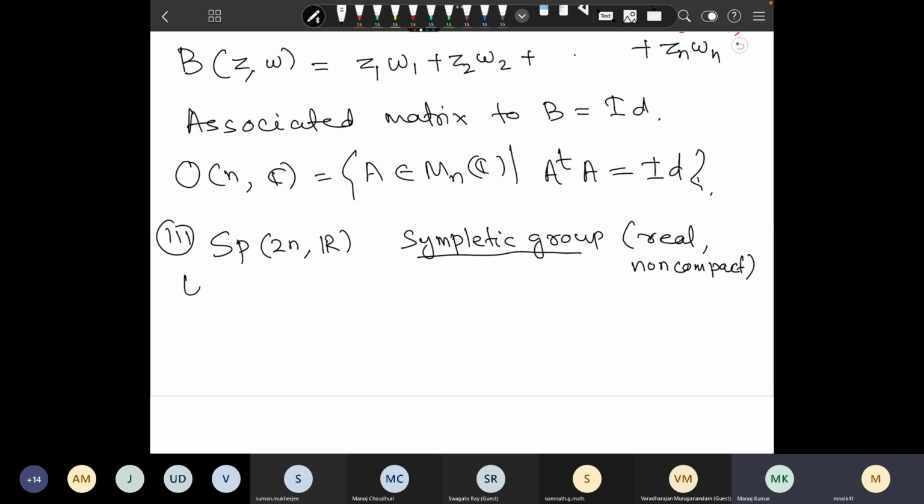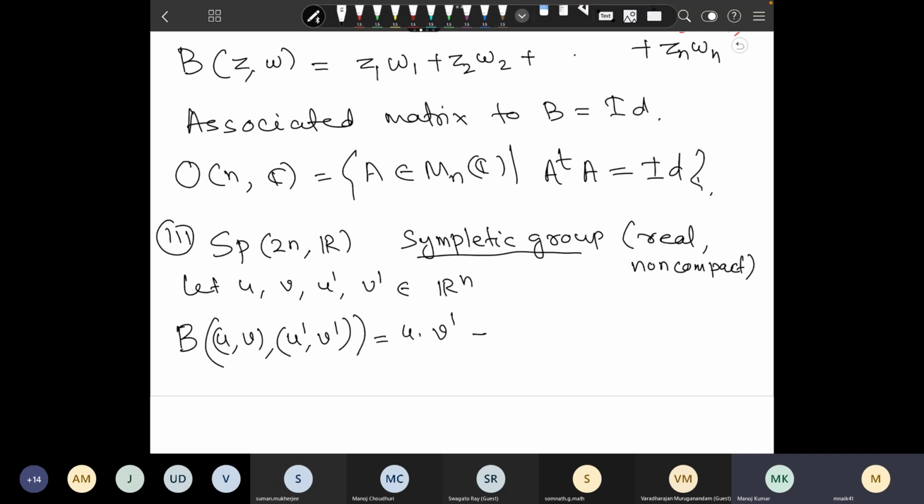Okay, so let U, V, U prime, V prime belong to R^n. You define B((U,V),(U',V')) as the dot product of U and V' minus V dot U'. Okay, so let us see.